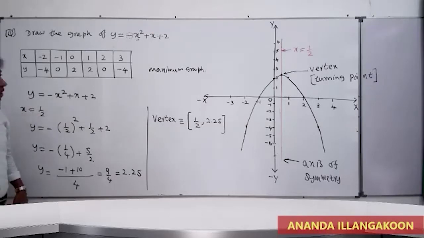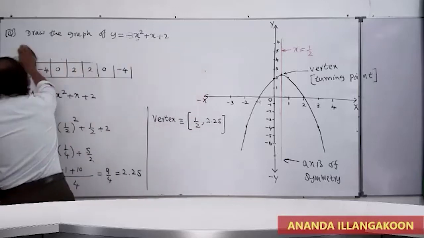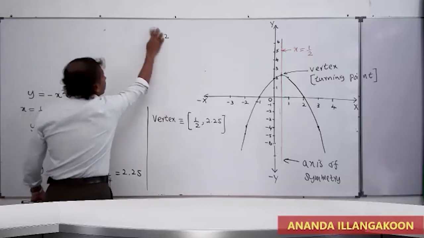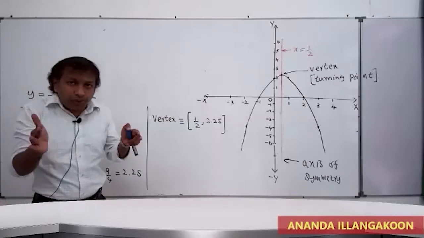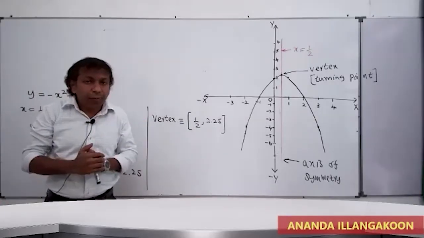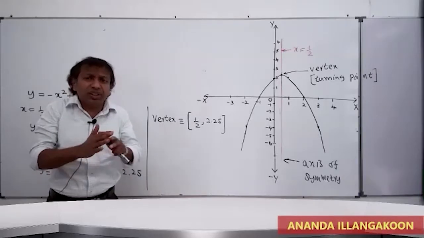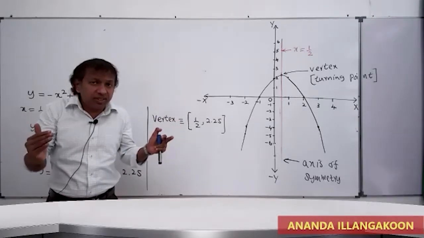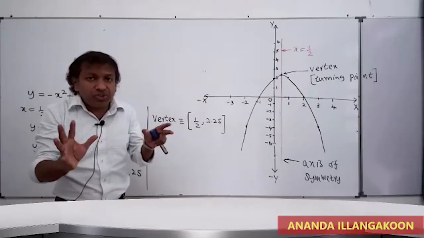Okay, people, now you can see very clearly here. When we need to draw the graph, we constructed a table this way. In our day-to-day mathematical work, usually we don't need a 100% accurate graph. We need just the graph including the most important properties.